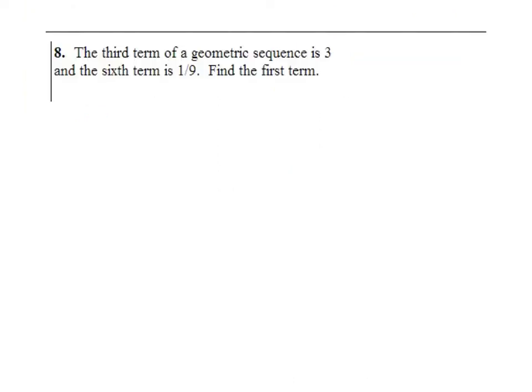Here's another type of problem that you might see. It says the third term of a geometric sequence is 3, and the sixth term is 1/9. Find the first term. So a good way to start here is to draw the situation. So I have 1, 2, 3. The third term is 3, 4, 5. The sixth term is 1/9.